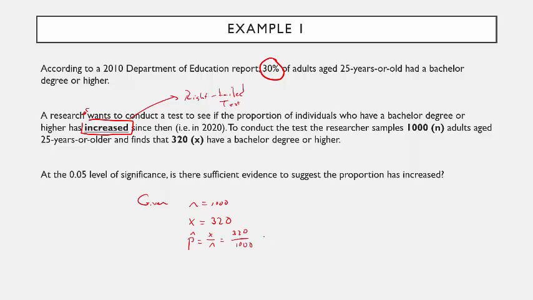So it's 320 over 1,000, and it's 0.32. So at the 0.05 level of significance, so you're given alpha, is there sufficient evidence to suggest the proportion has increased? Okay, so this is all the information you need to figure this out. So note that in 2010 it was 30%, and what we want to see is that it's increased since then.